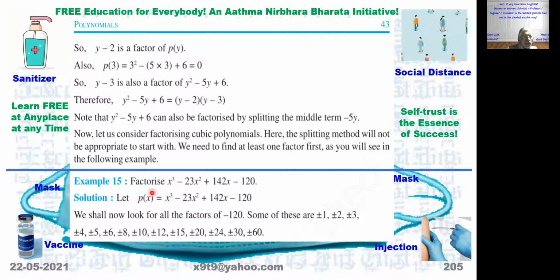Now we'll try another problem. Factorize x cube minus 23x square plus 142x minus 120.